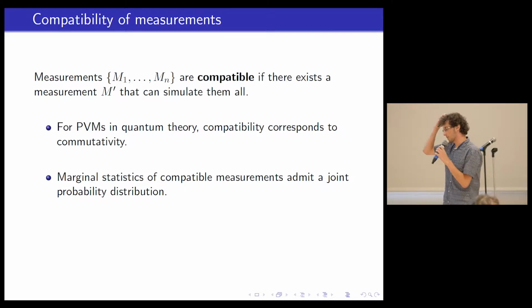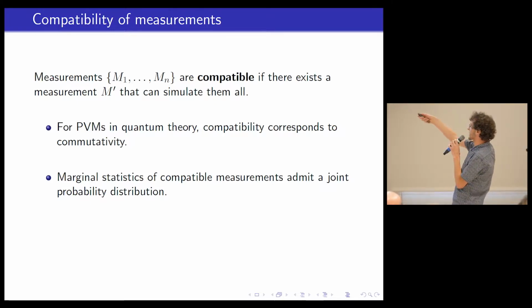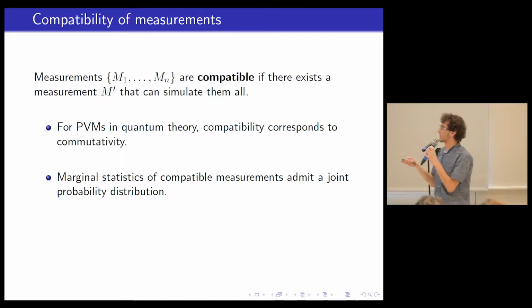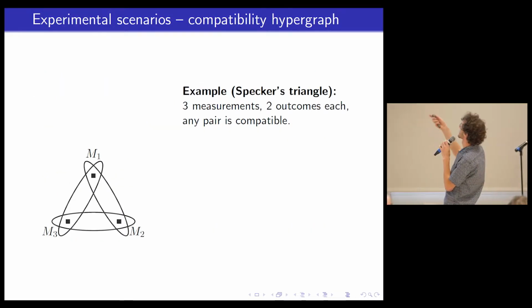And we will use this later on. This is fairly straightforward because the joint probability distribution is just the probability distribution of the outcomes of the joint measurement M primed. And okay, I will skip this point. It's not important.